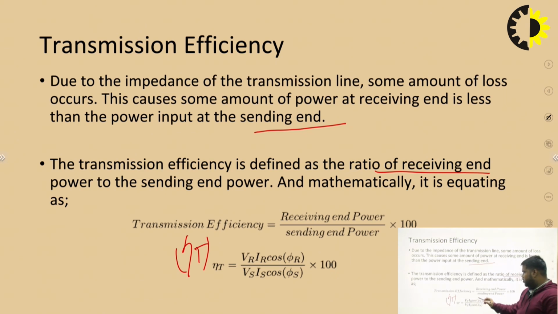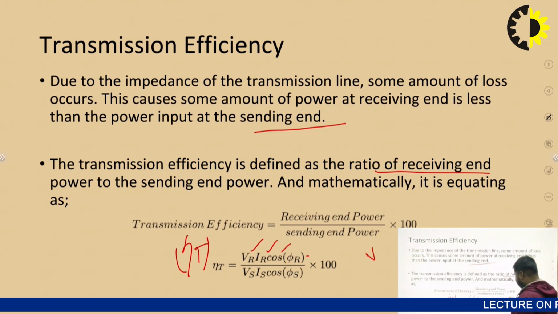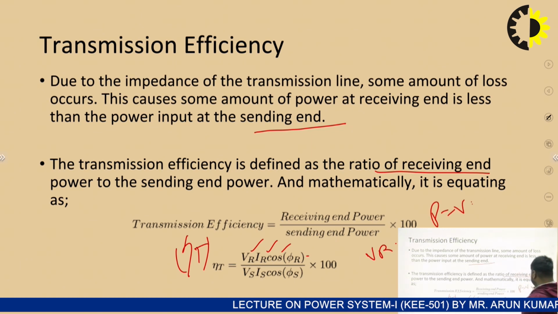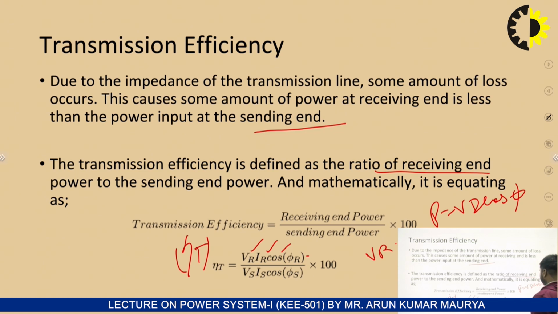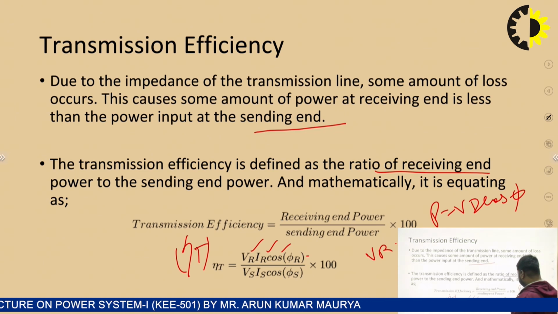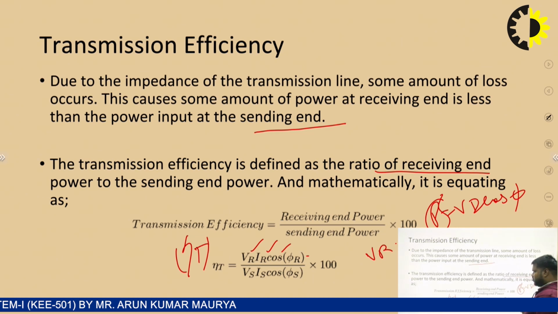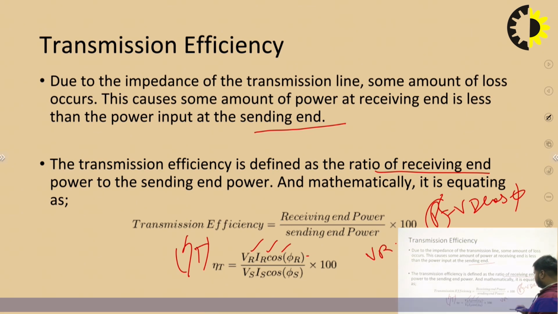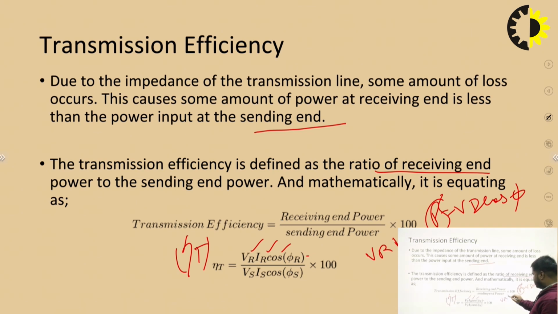Eta t equal to Vr Ir cos phi divided by Vs Is cos phi. So Vr is receiving end voltage, and what is power? Power is VI cos phi. This is active power, real power, true power. So P equal to VI cos phi. Here is the receiving end power. So receiving end voltage is Vr and receiving end current is Ir into cos of the power factor angle, that is phi r, divided by sending end power.